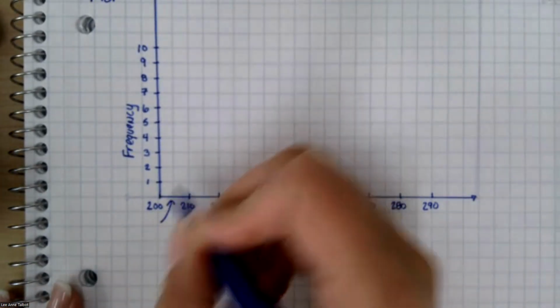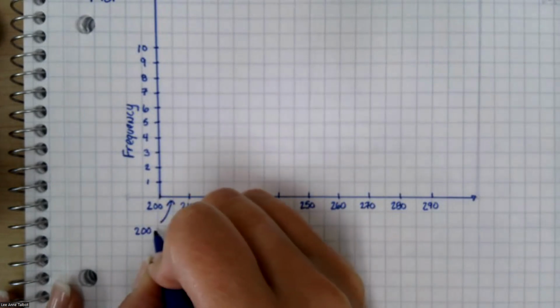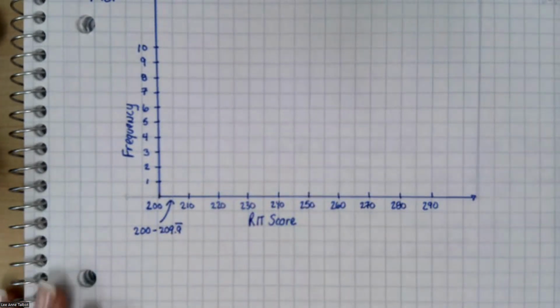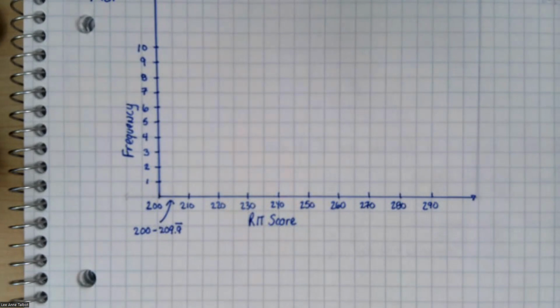This bin will be all the numbers from 200 to 209.9 repeating. 210 will go in the 210 to 220 bin. So if it falls exactly on the line, it goes in the upper one. That's the most important thing you need to know.